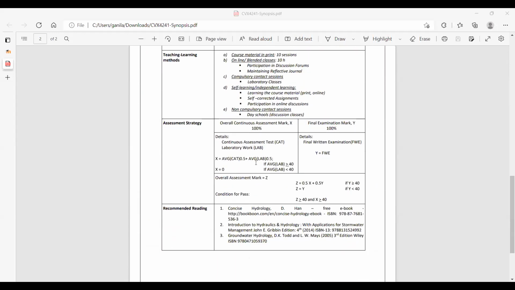now here you can see the eligibility criteria. Now there, you need to pass the lab. Average lab has to be more than 40. If not, you are going to fail. That means lab classes are compulsory. So last time we couldn't do it due to various reasons.